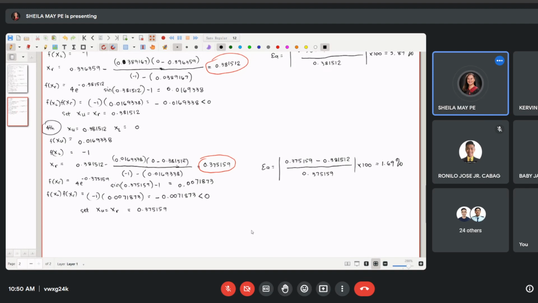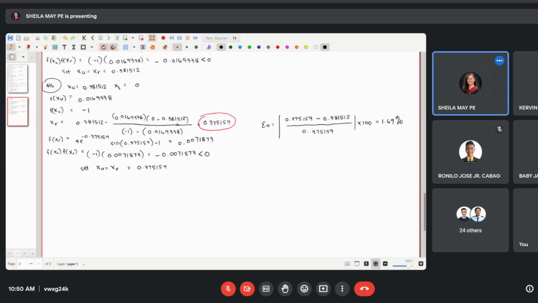Now let's do the fifth. So x sub u is 0.375159, x sub l is 0. So function of our x sub u is 0.0071873. Function of our x sub l is -1.